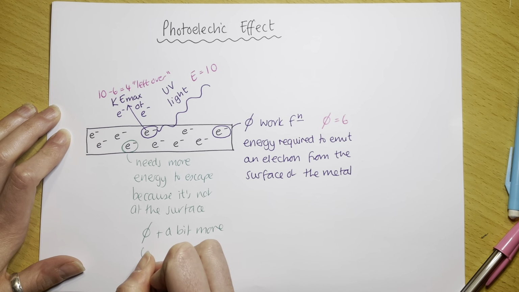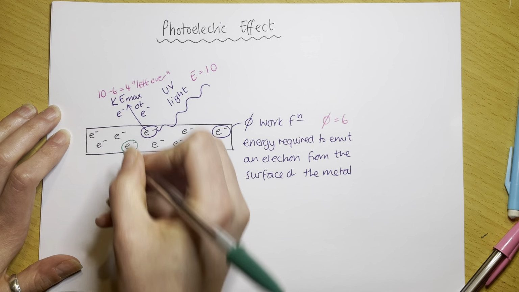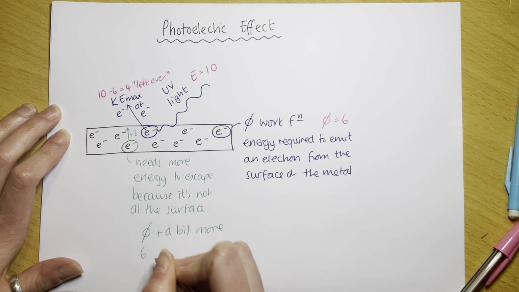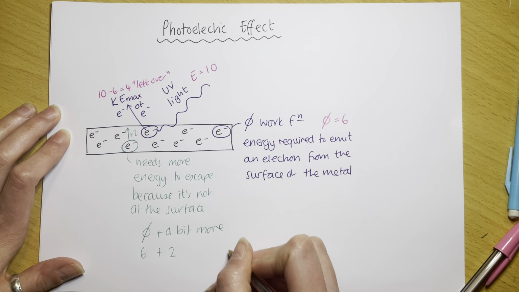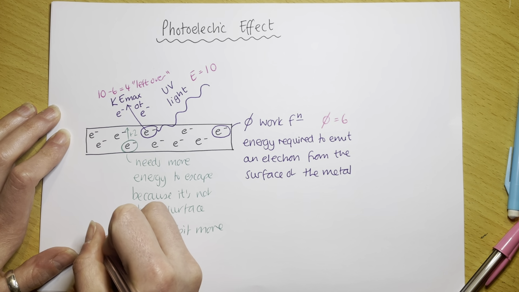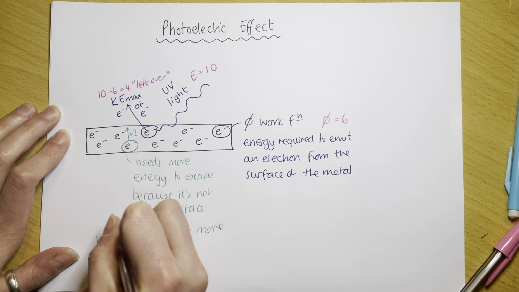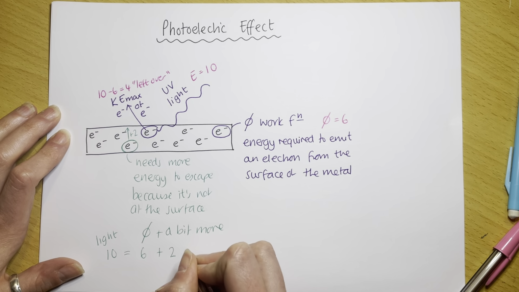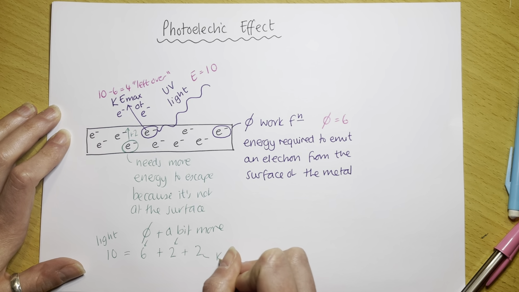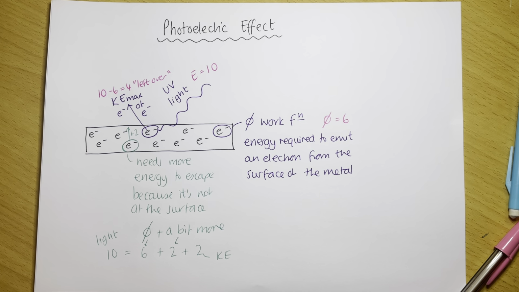It's going to have 6 for the work function, and maybe to get to the surface here, it needs another 2. So 6 plus 2, and then whatever's left over, so 10, the energy from the light, is equal to 6 plus 2 plus 2. And this 2 is the kinetic energy that this electron would have.